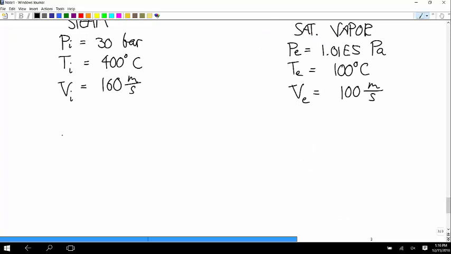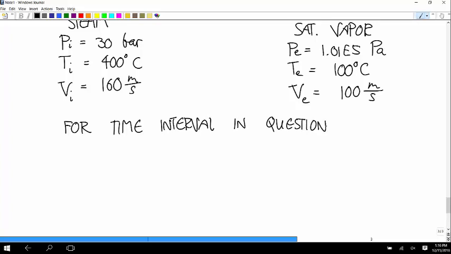And let's say that for the time interval in question, the heat transfer for the control volume per mass is negative 22.6 kilojoules per kilogram.